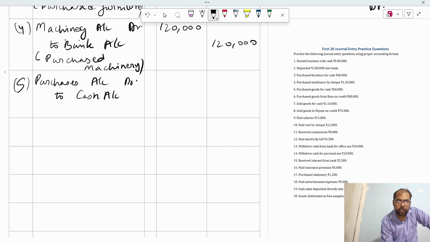We have to pay cash to purchase the goods, therefore we are crediting the cash account here. The amount is rupees 60,000. Narration: purchased goods.